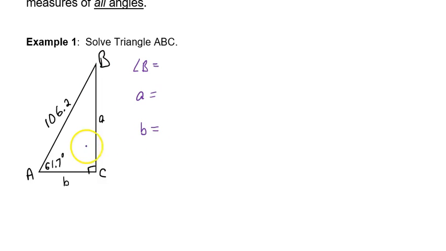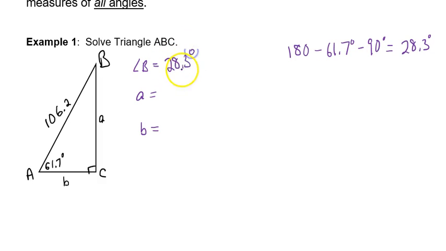You don't have to use trig to find it, because if you know that the angles of a triangle add up to 180, you just do 180 minus 61.7 and 90, because those are the two angles that you already have. When you subtract, you get 28.3, so that is 28.3 degrees for angle B.